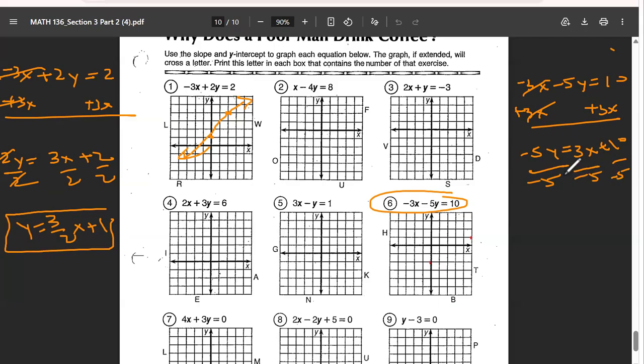Okay, so we get what? y is equal to, this is -3/5 x, correct? -3/5 x. Positive divided by negative is a negative, and then we have 10 divided by -5, which is going to give us -2. Okay, so we should have y equals -3/5 x minus 2.